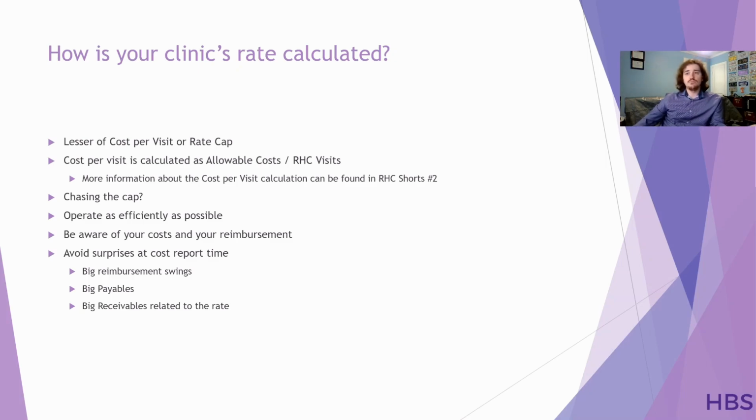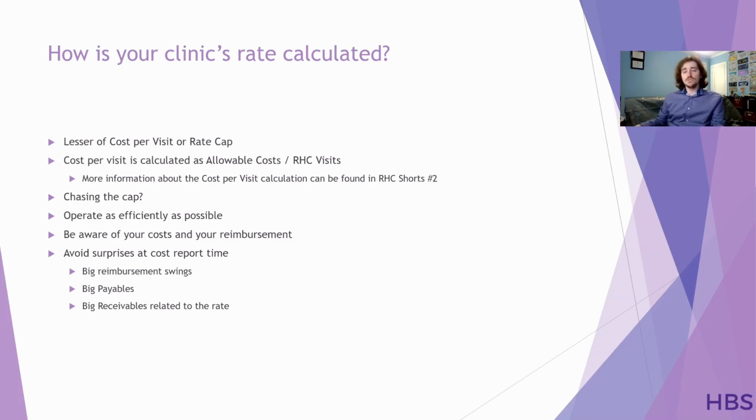And when I say surprises at cost report time, this is going to be a common theme throughout this video. I'm talking about generally big reimbursement swings, big changes to your cost per visit that would then be reflected in your payment rate.